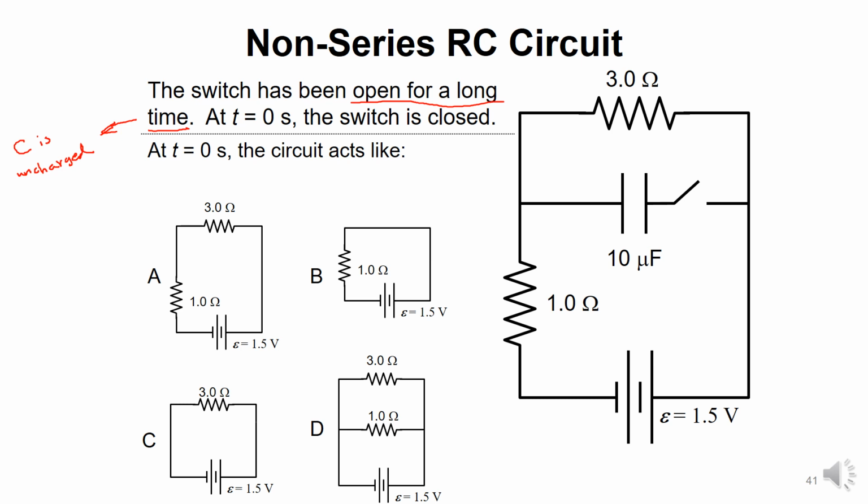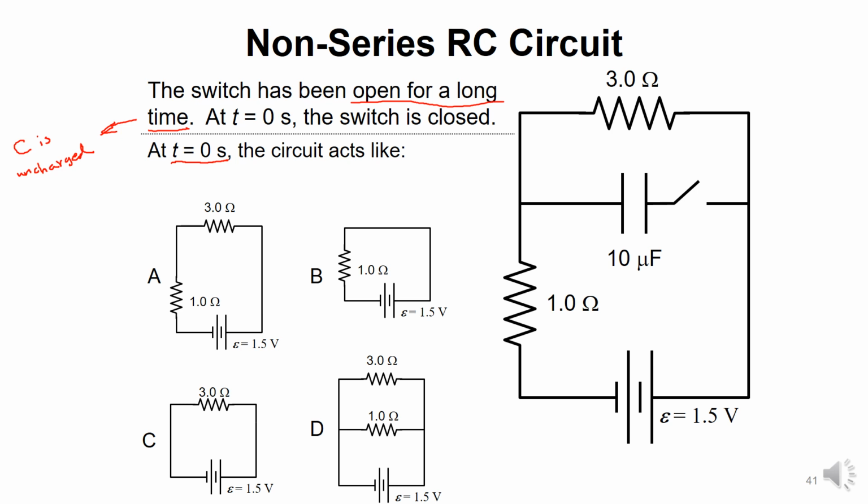So essentially we have a circuit with an uncharged capacitor and the other components, the resistors, the switch, and the battery. And then you close the switch at time 0. At time 0, you close the switch, and then you're given 4 options, A, B, C, D.